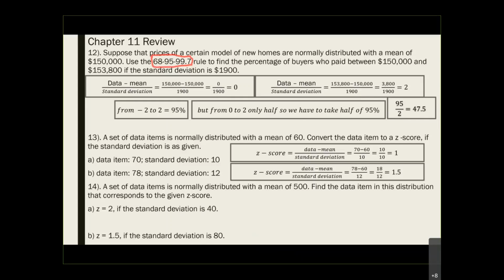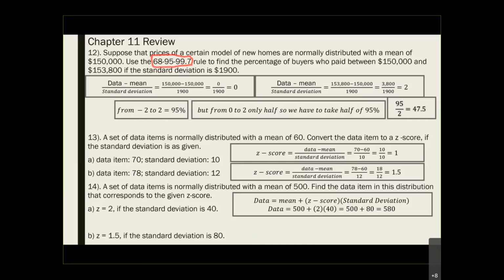So again, you can do two things. You can either start from 500 and jump two spaces, where every time you jump you add 40. Or you have to remember how to find the data. The data is the mean plus the z-score times the standard deviation, right?